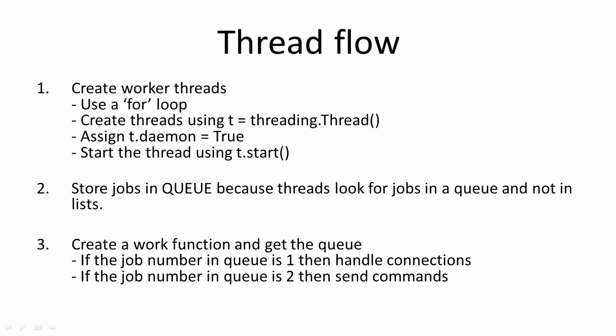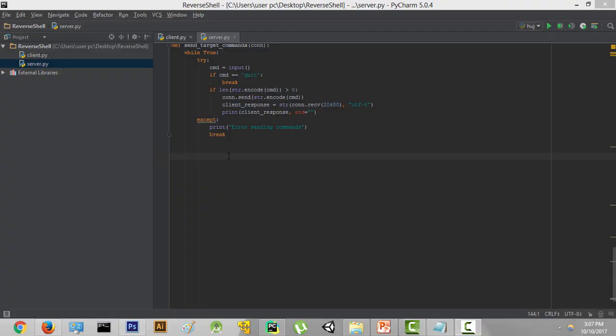The third function, called the work function, will distribute work according to the job number. If the job number in the queue is 1, then it's going to make the thread handle connections, and if it's 2, then send commands. So these are the three functions that we will be creating in our code. Now that we are going to write the code, things are going to get so much clearer for you. So let's get started by creating our first function.